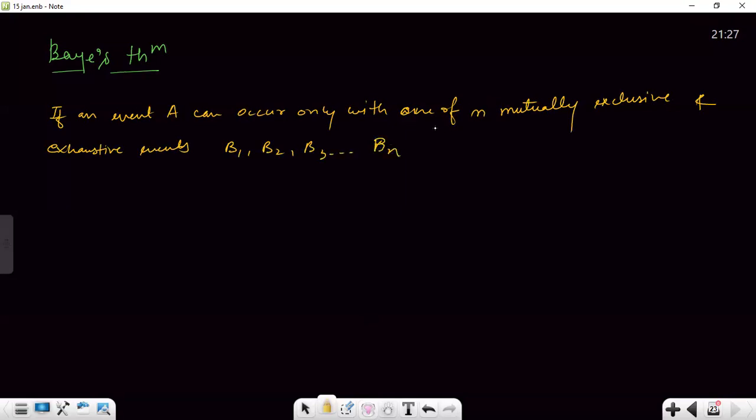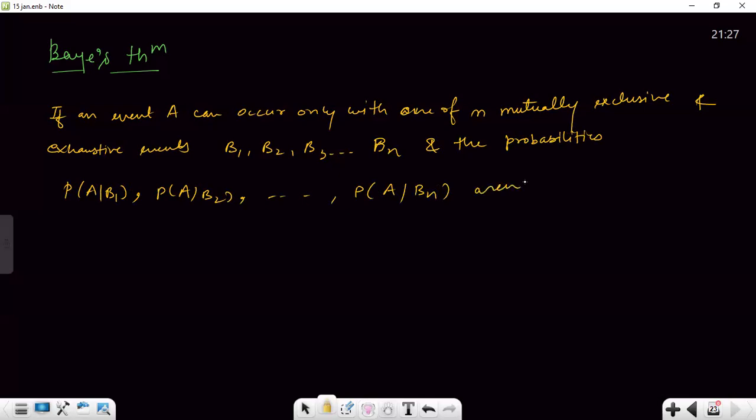Okay. And the probabilities, probability of event A given that B1 has happened, probability of event A given that B2 has happened, similarly probability of event A given that Bn has happened, are known.